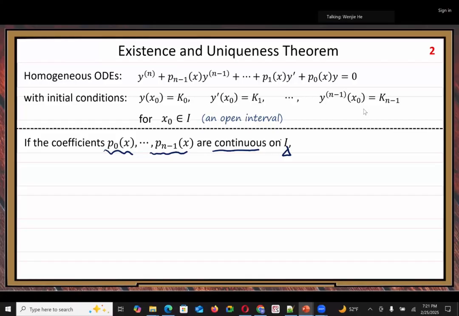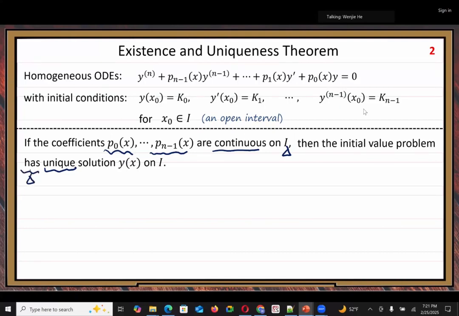That's the same condition we use for the second order homogeneous linear ODE. Then the initial value problem has a unique solution. So this result covers both existence and uniqueness. Has, that's the existence. Then unique solution y of x on I.